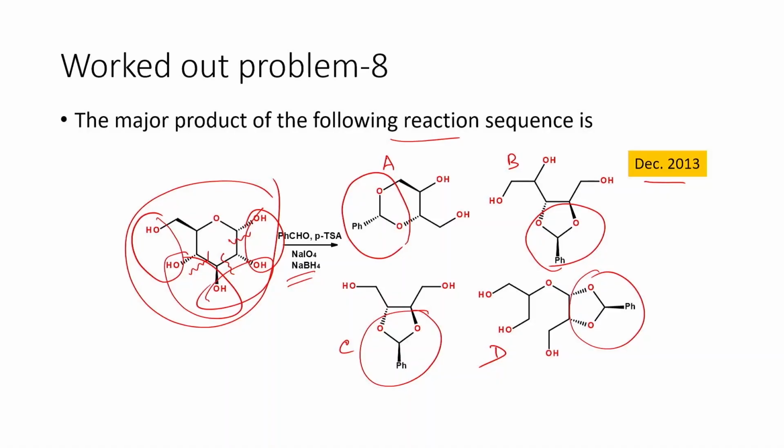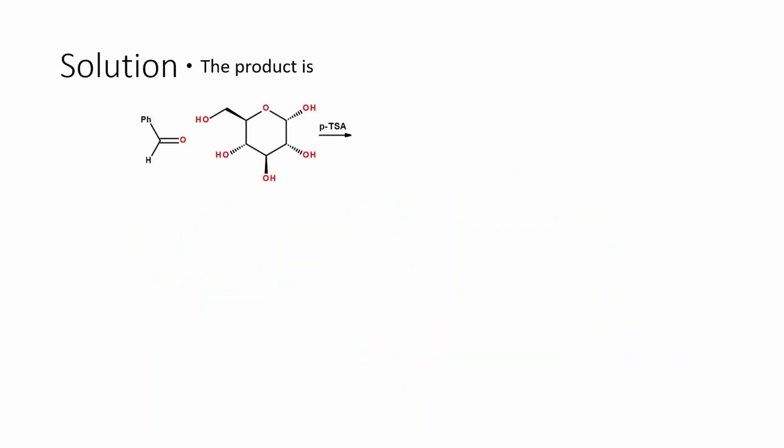Now we will have to work it out separately to find out how things will go. If we look at the starting material, we can easily figure it out. It has one primary hydroxyl, and the rest of the hydroxyls are secondary. We have seen this earlier also.